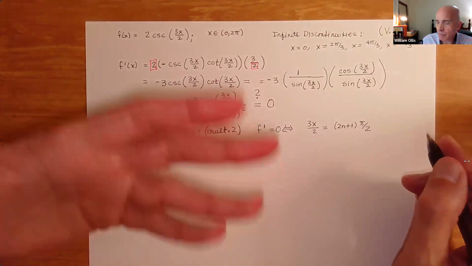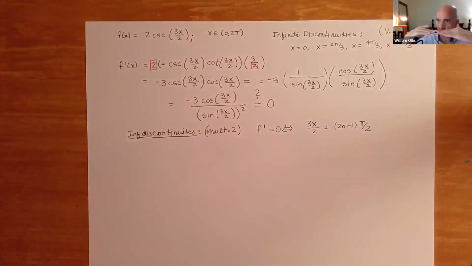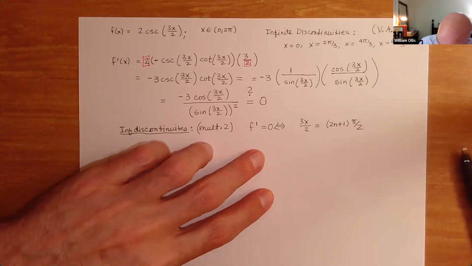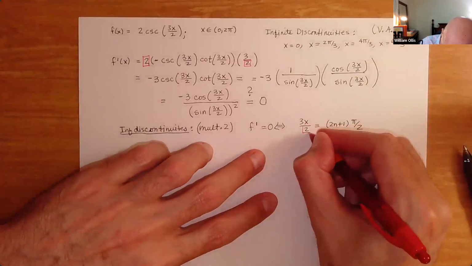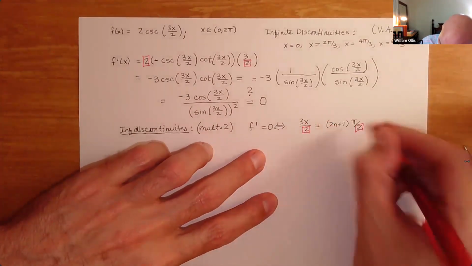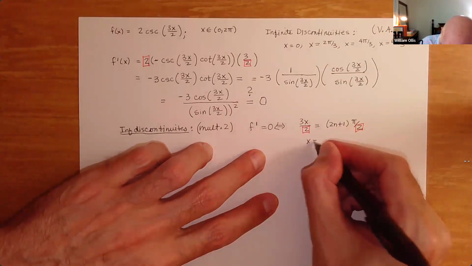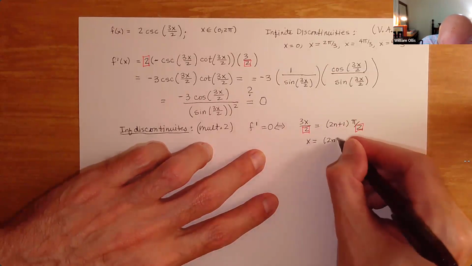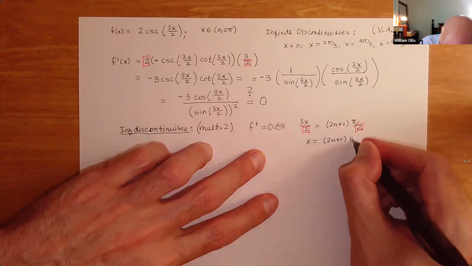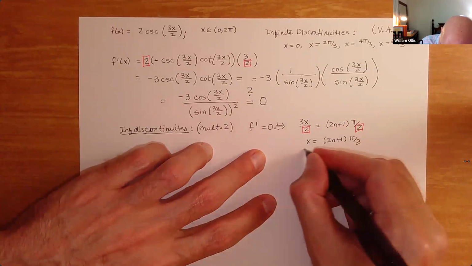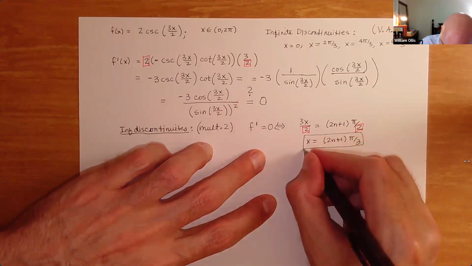That would just absorb and give us plus or minus 1. So that's no good. Now, of course, the 2's absorb, and we get x equals 2n plus 1 times pi over 3.